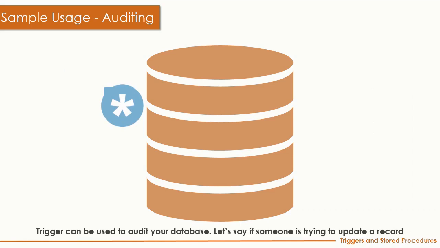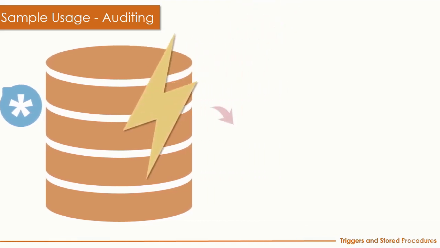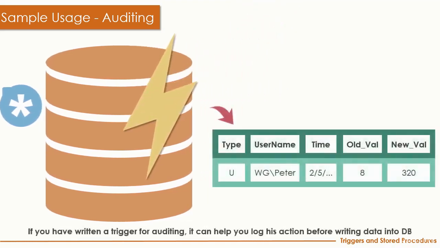Let's say someone updates the database. Of course, we're talking about an update through some information system rather than typing the SQL. Then the trigger will be executed and it can record the changes in a log in the database.